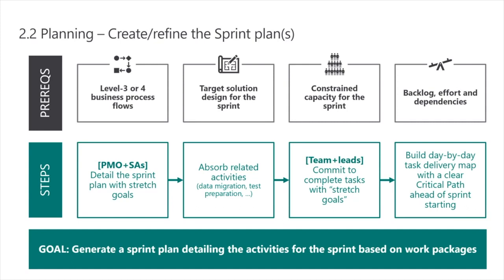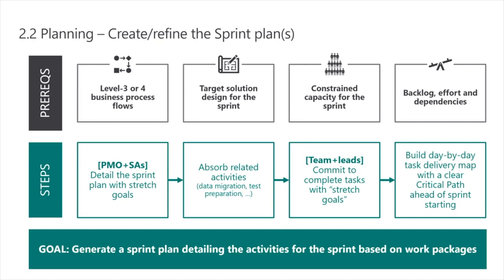You can feed the interfaces for testing, etc. And then the team and the leads look at this project plan for this sprint and commit to 100%. And they take on the stretch goals and say, if we can, we will also try and meet the stretch goals. We'll try and do more than is committed for this sprint.